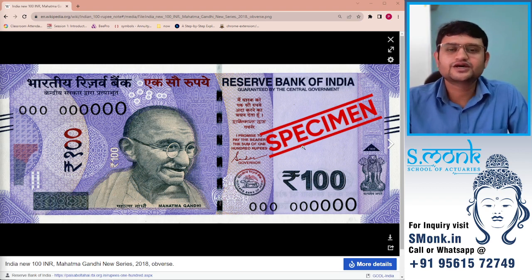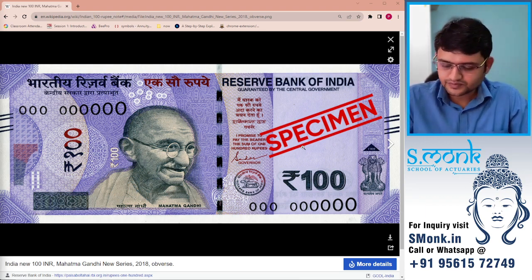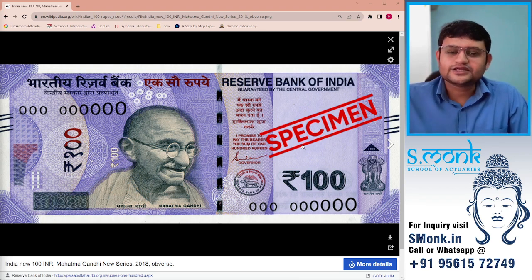They said the value of this currency note is nothing now, it's just a piece of paper, so whoever holds that will get nothing. Nobody is ready to take that 2000 rupees note, right? I think in a few days the 2000 rupee note will also be taken out of circulation, correct? So in that sense, this is just a piece of paper.